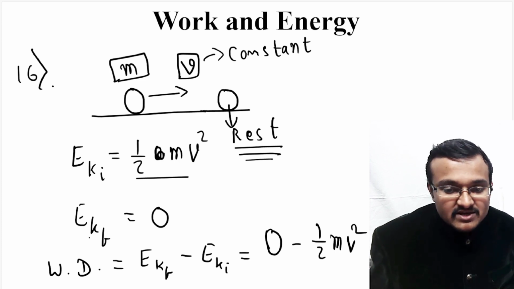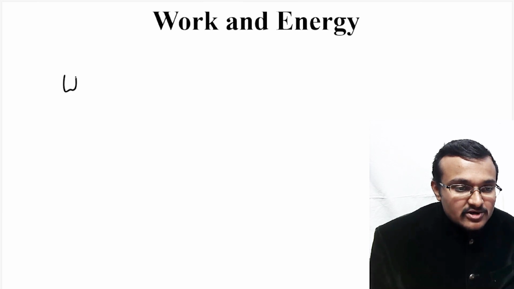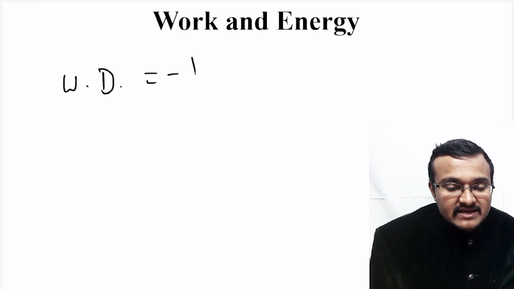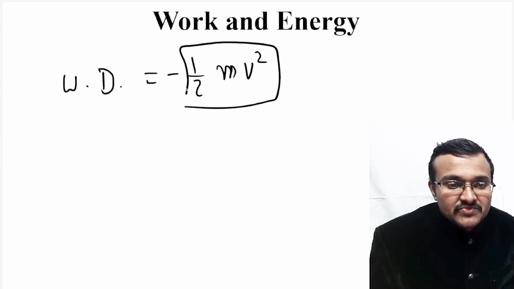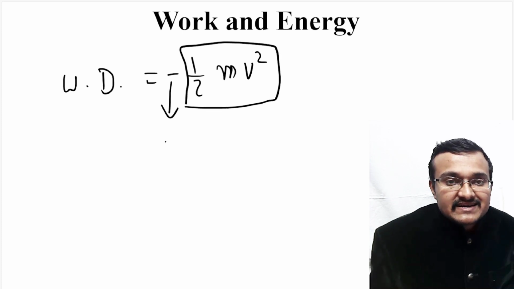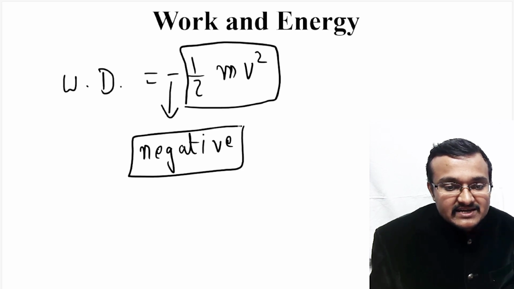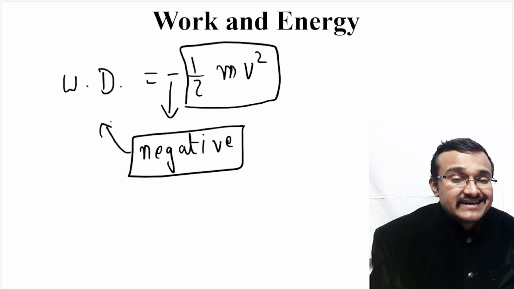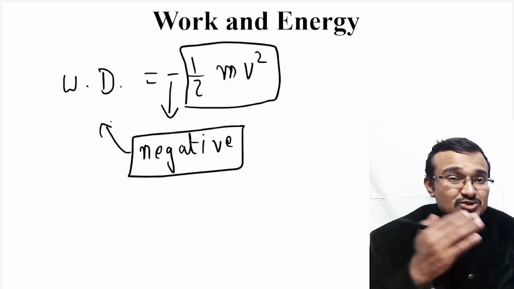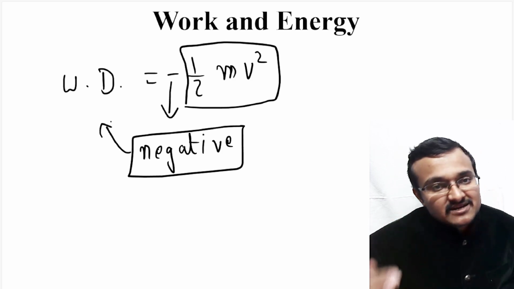So work done is equal to minus half mv square, and this minus sign indicates work done is negative, because work is done in the opposite direction to the motion. That's why this object has come to rest.